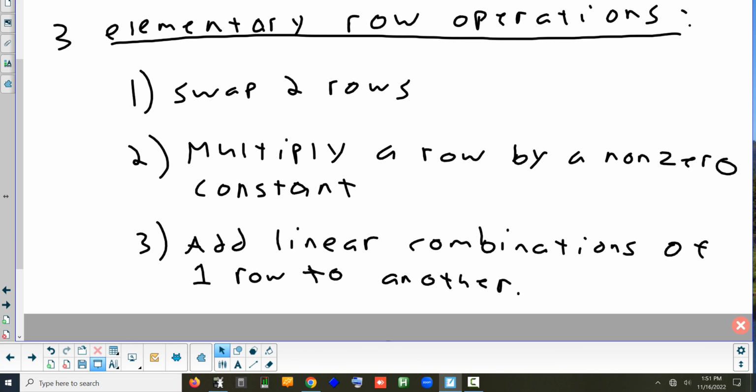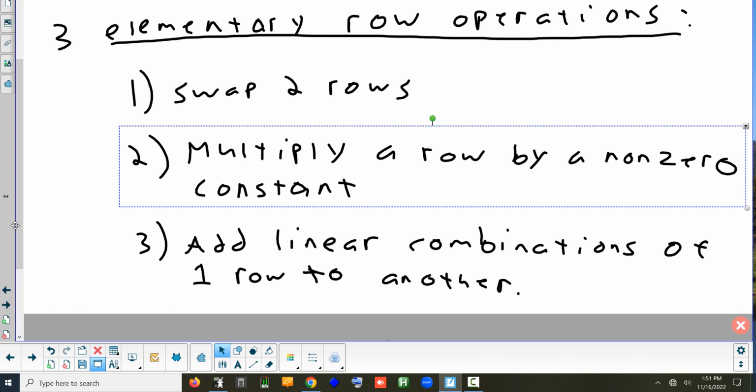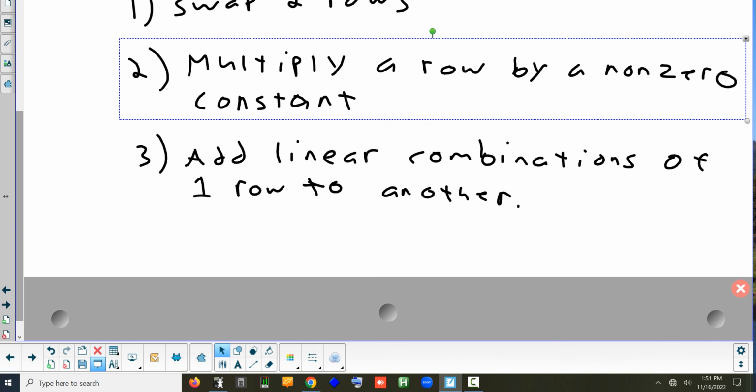Sometimes we had to multiply one equation by a number. Sometimes we had to multiply both of them. So we can swap rows, we can multiply rows by a number, and we can add rows together. And that's all we can do.